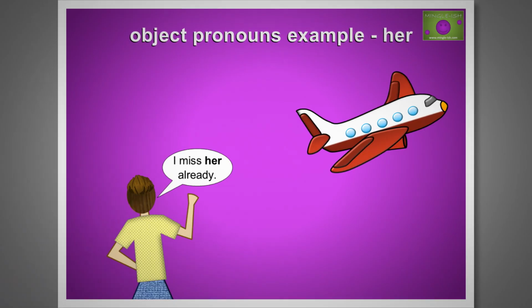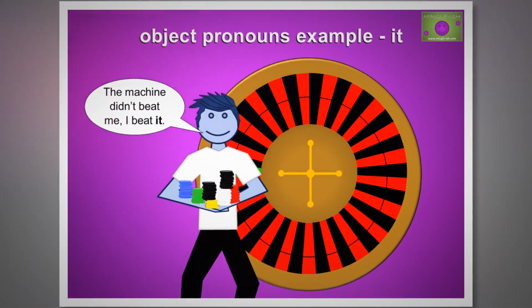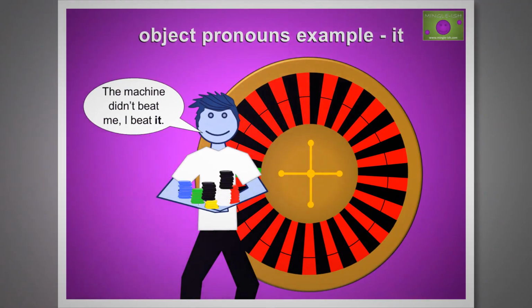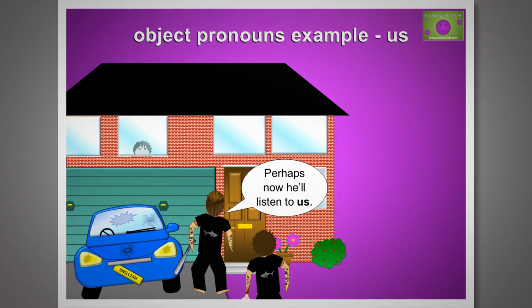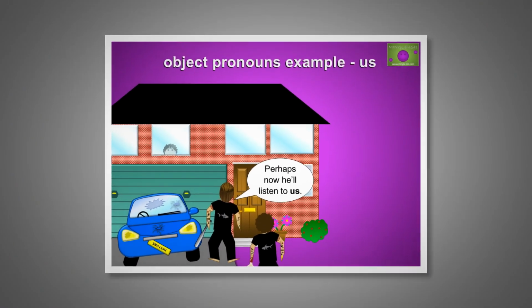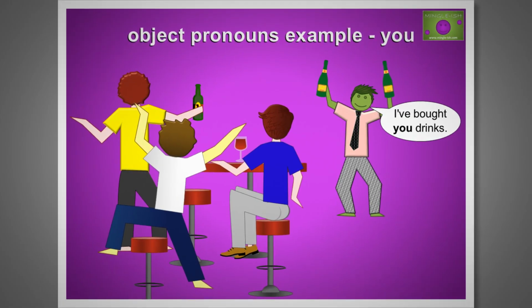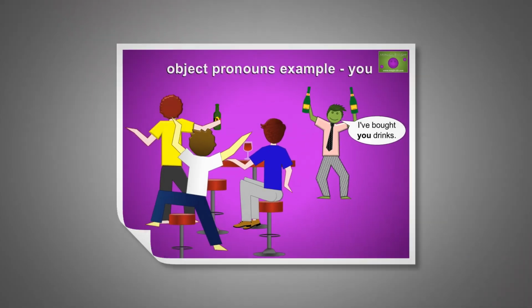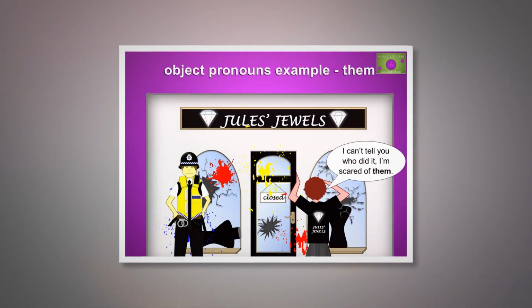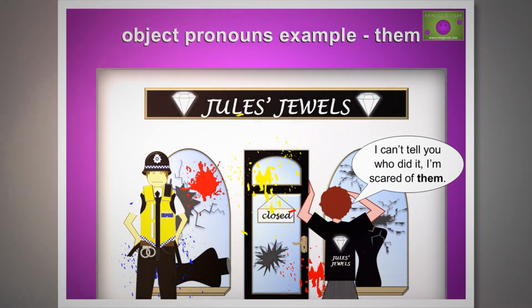I miss her already. The machine didn't beat me, I beat it. Perhaps now he'll listen to us. I've bought you drinks. I can't tell you who did it, I'm scared of them.